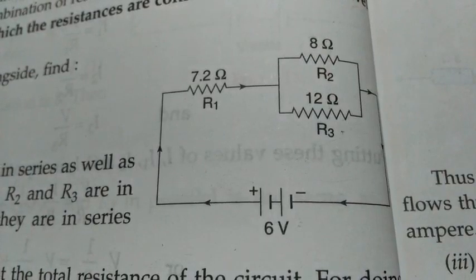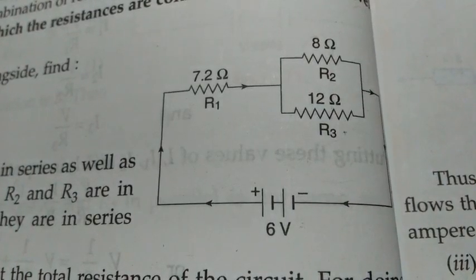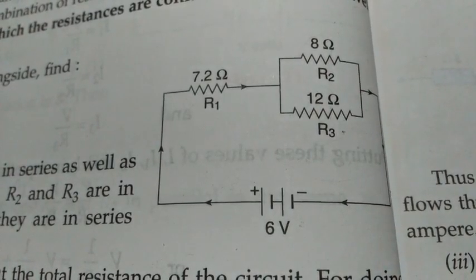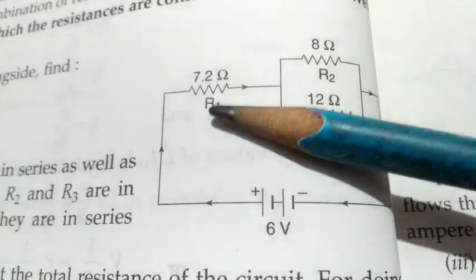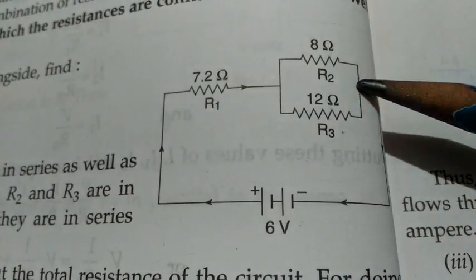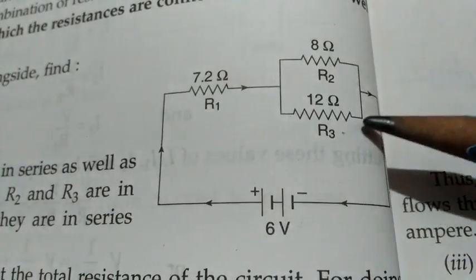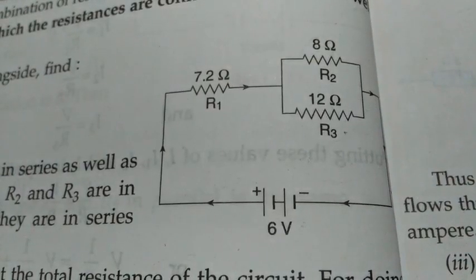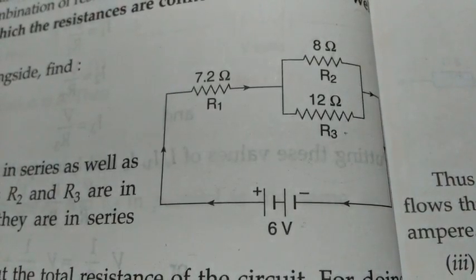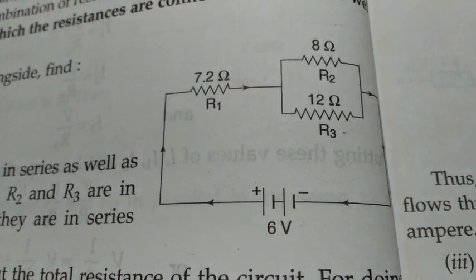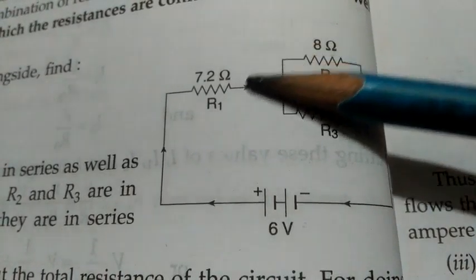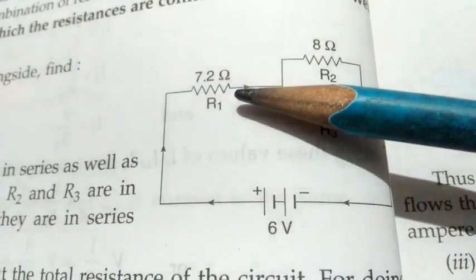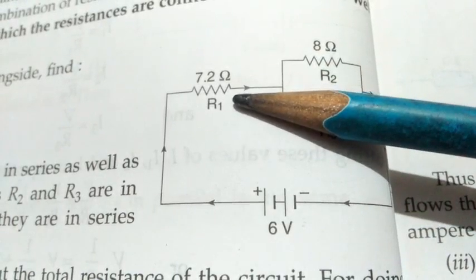In the question, it is asked to find the potential difference only across R1. As you all know, in series combination, the potential difference, that means the voltage, is different for different resistors and the current is the same. So we can find the potential difference for R1.